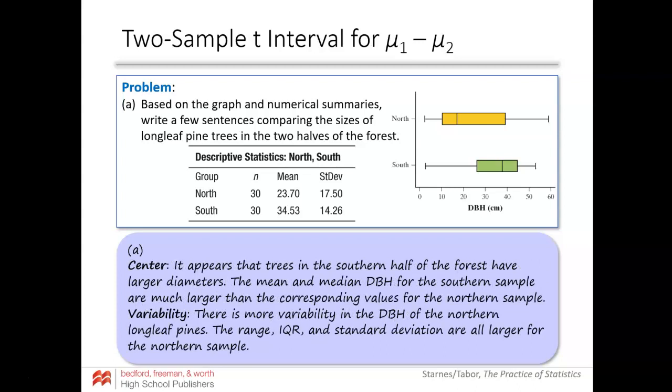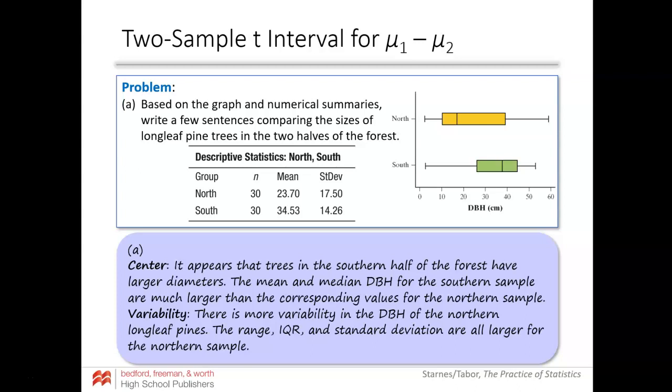All right, the center, you can use a couple different things for center, mean or median, technically in a box plot. But they went ahead and gave you the statistics. So the mean of the southern tree group, let's see, where are we at here? That's 34.5-ish. And then the mean of the northern group was 23.7.